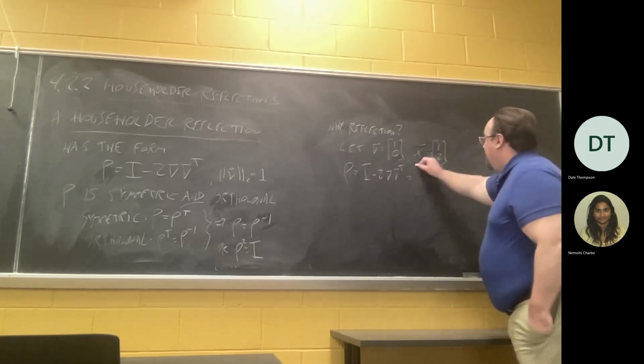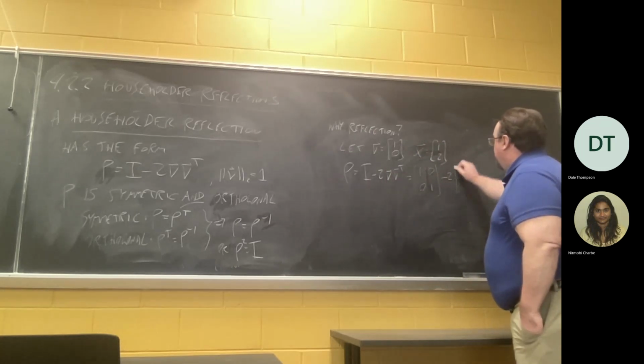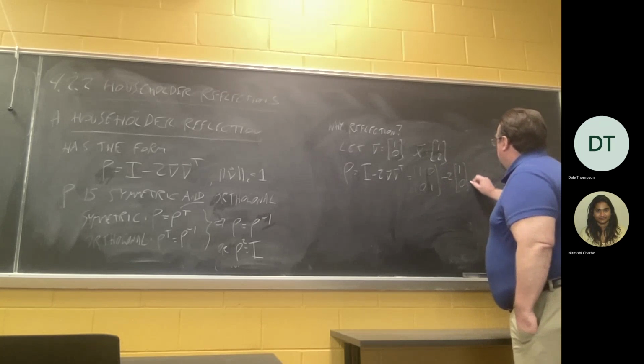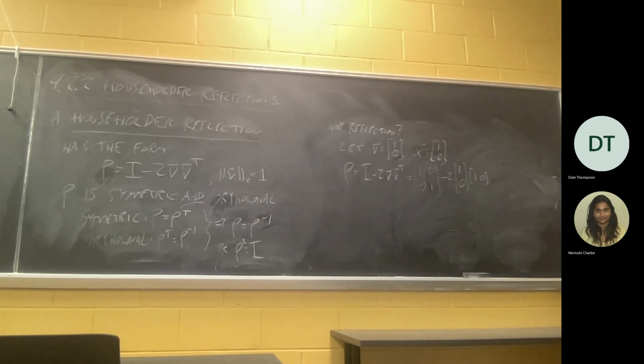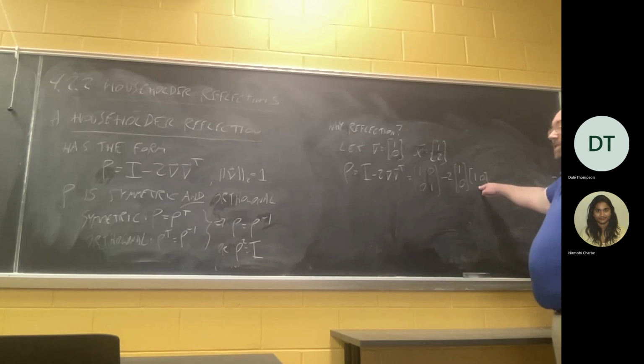That's going to be identity minus 2 V V transpose. When you take an outer product of two vectors, you get a matrix where each element is just the product of an entry of this times an entry of this.